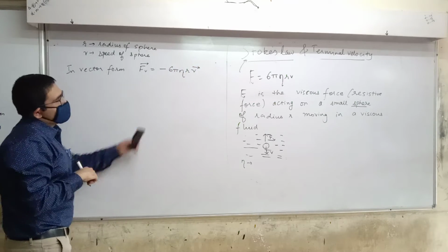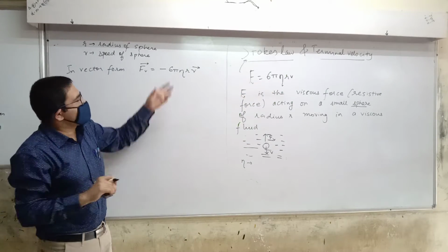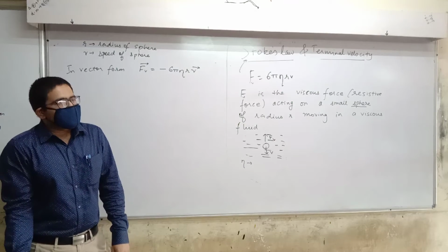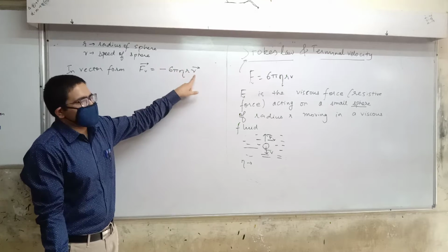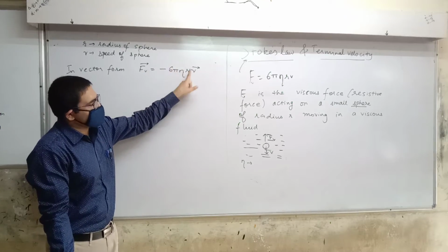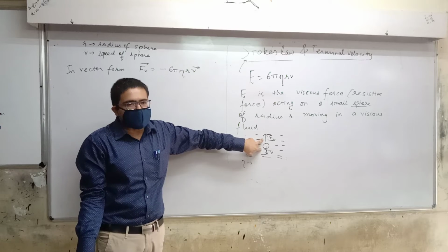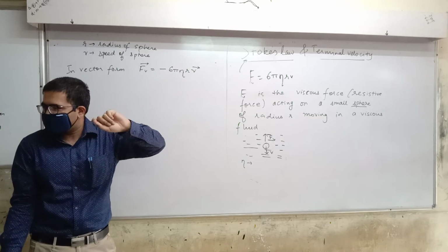I hope you see what's the difference between this and this. Minus, what does it give? The direction, yes. Force is a vector, velocity is a vector, but these vectors are in opposite directions. And whenever you have opposite direction, you should write a minus sign that indicates opposite.